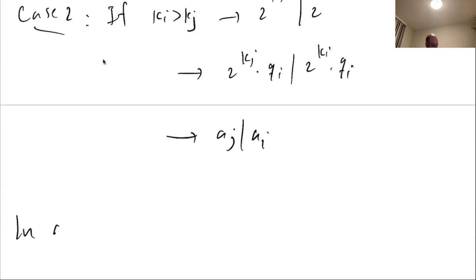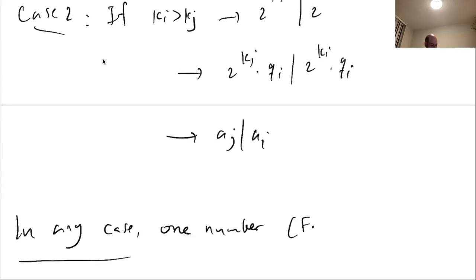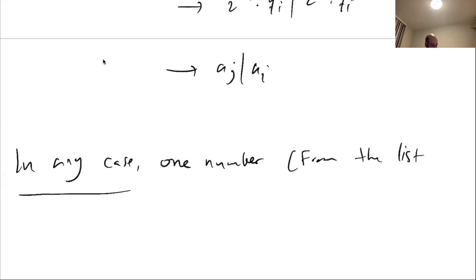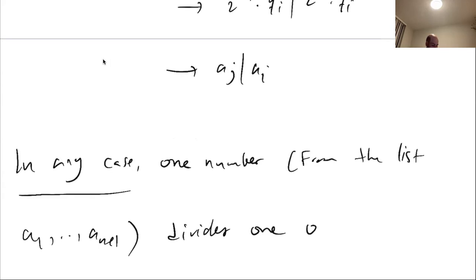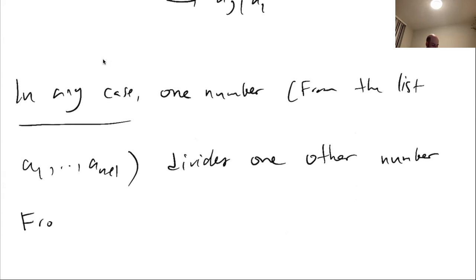So in any case, one number from the list A1 to A(N+1) divides one other number from this list.